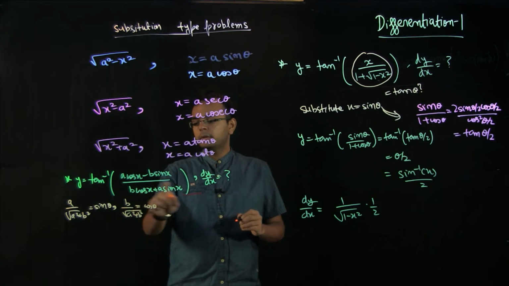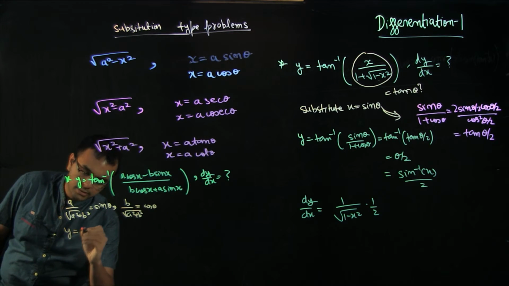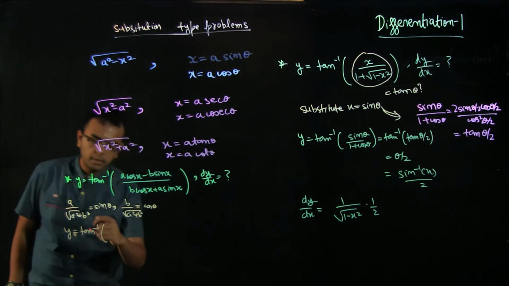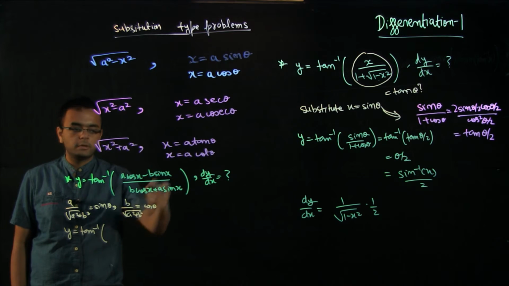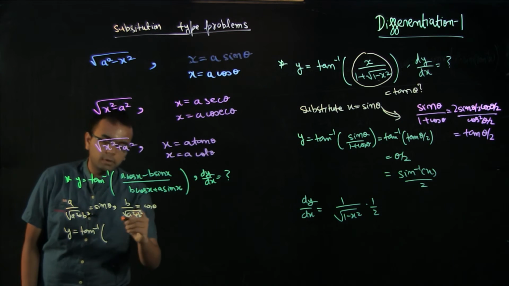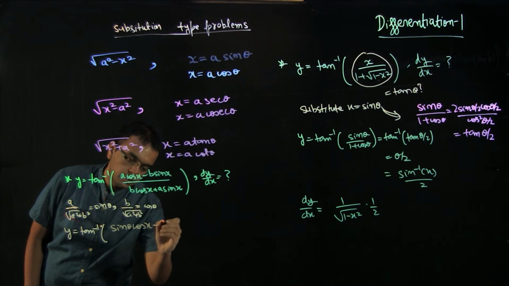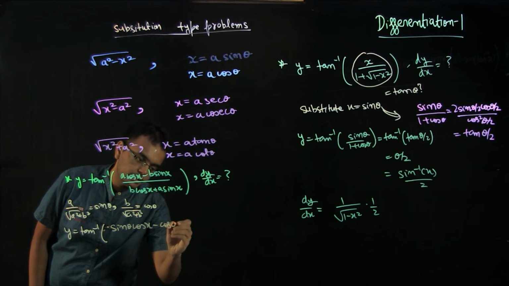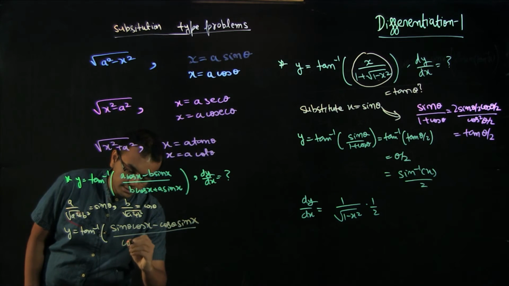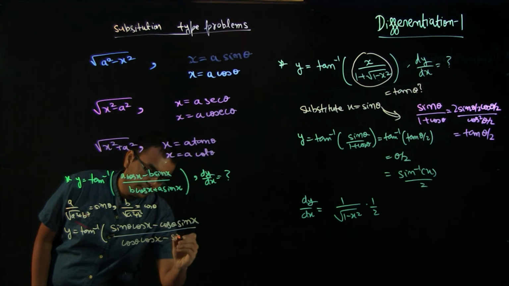If you substitute this, then you will get y is tan inverse of, and if you divide by root of a square plus b square on both numerator and denominator, that will get cancelled. So, you will at the end get sin theta cos x minus cos theta sin x by cos theta cos x plus sin theta sin x.